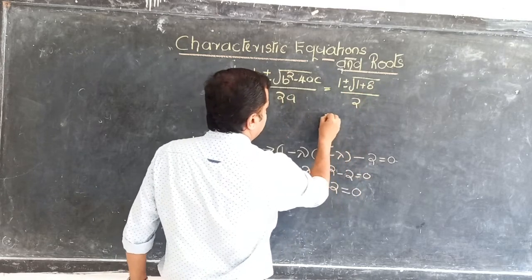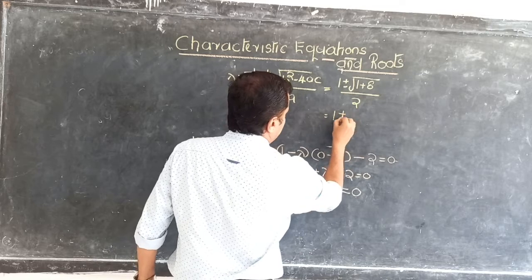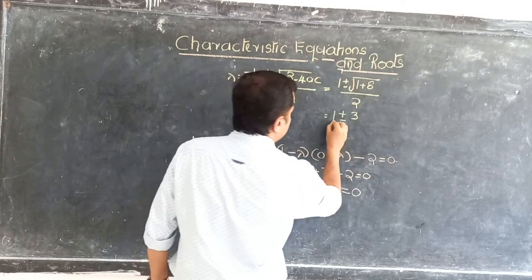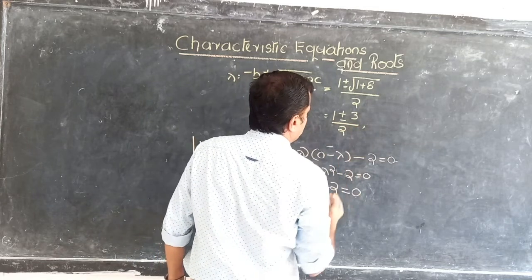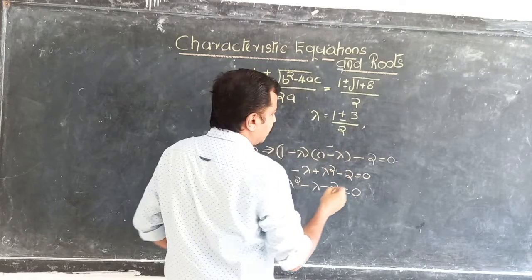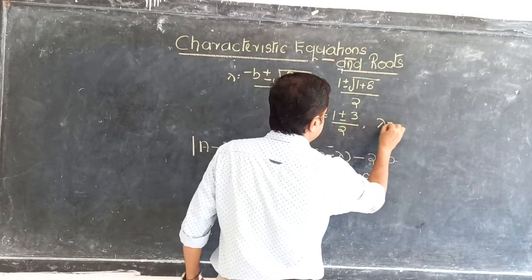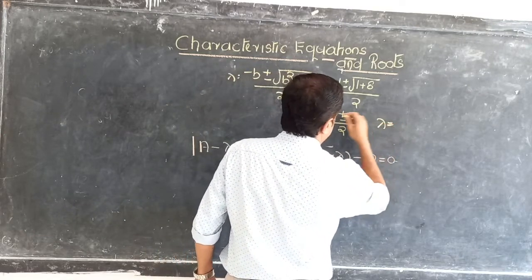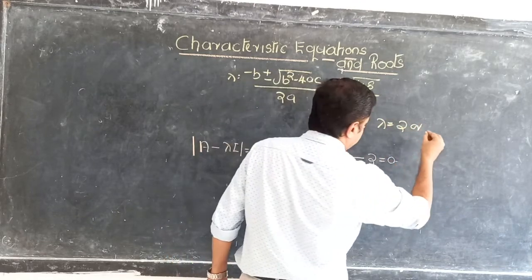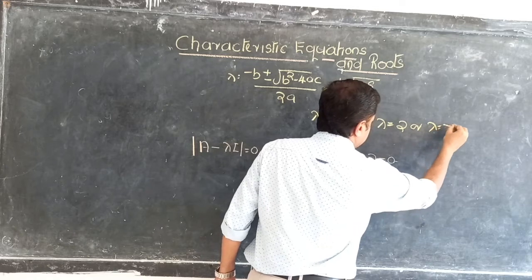So the solution will be 1 plus or minus 3, because the square root of 9 is nothing but 3, divided by 2. So the root of lambda will be lambda either equals 2 or it equals minus 1. Lambda equals minus 1.